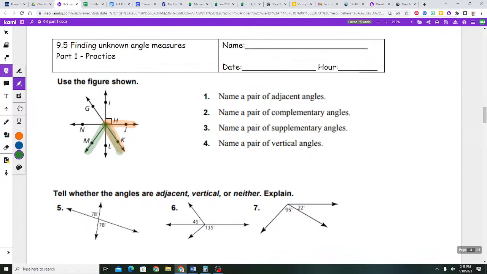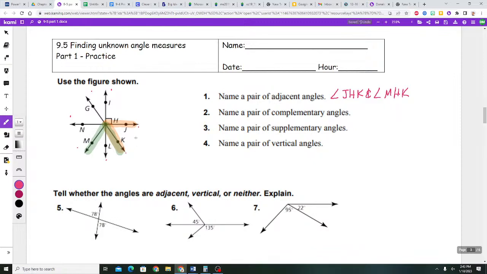So to write those angles down, I have in orange, angle JHK, and I have angle MHK. Now notice, I chose a ray, so I could have at least 1, 2, 3, 4, 5, 6, 7 different possible pairs of adjacent angles.